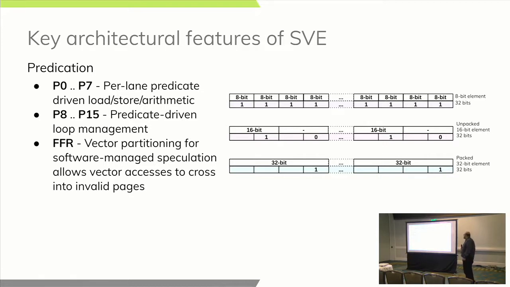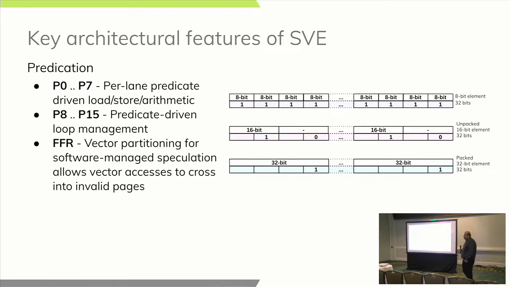So SVE adds 16 predicate registers, which are also size varying, and they can change their size based on the size of the Z registers.